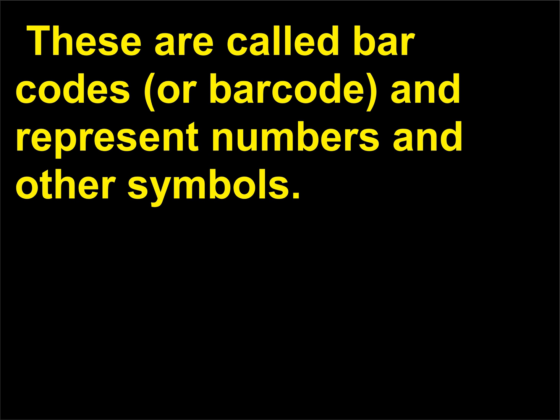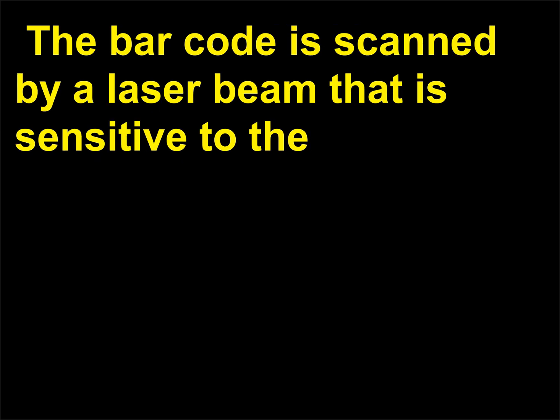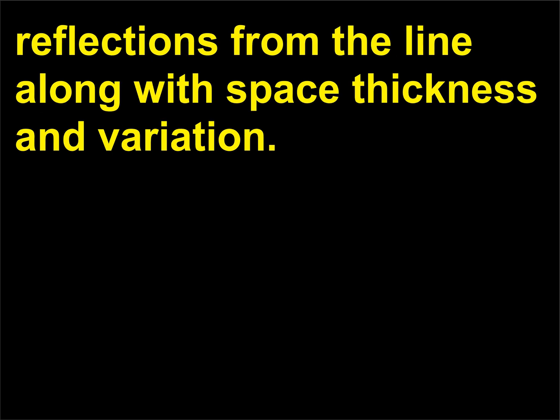These are called barcodes, or barcode, and represent numbers and other symbols. The barcode is scanned by a laser beam that is sensitive to the reflections from the line along with space thickness and variation.